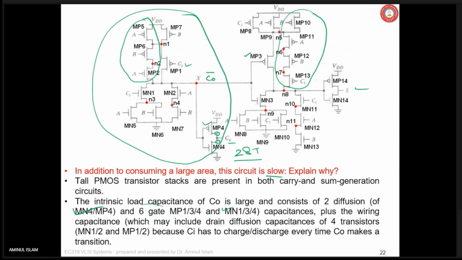Understood? Gate capacitance means COX, gate oxide capacitance. Once the CO is to be charged up or charged down, these capacitances are also involved. Plus wiring capacitance, yes, wiring is there. These are the wirings.